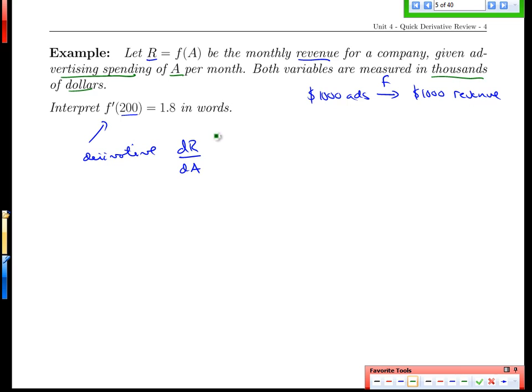And this is thousands of dollars in revenue divided by thousands of dollars, thousands in revenue, thousands in advertising. So the input is when A equals 200, what are the units? They're in thousands of dollars in advertising.